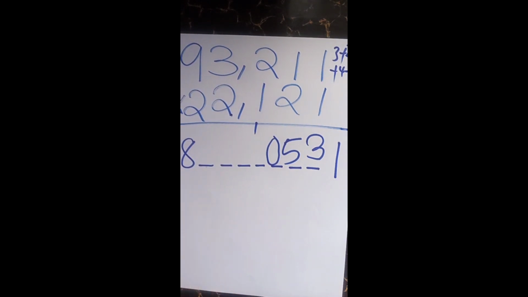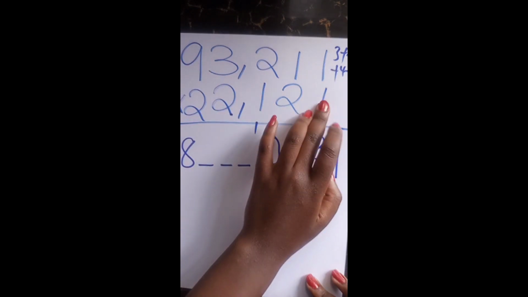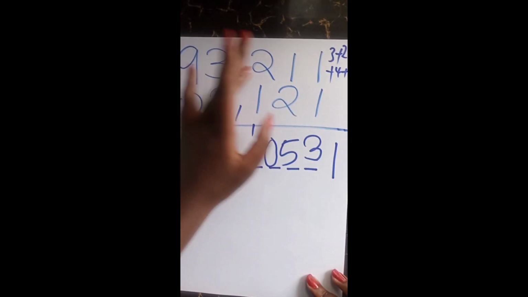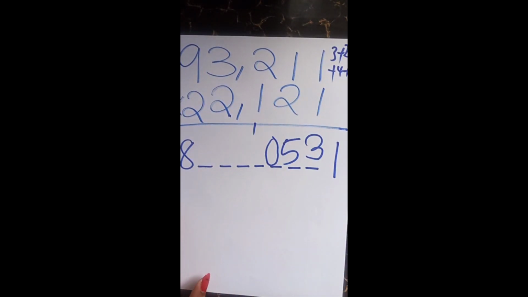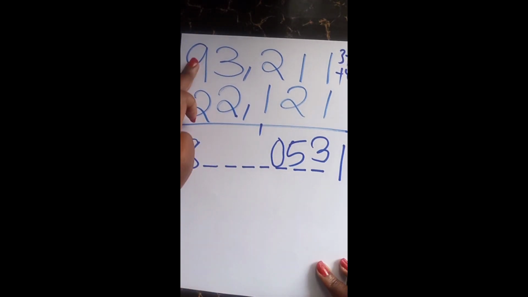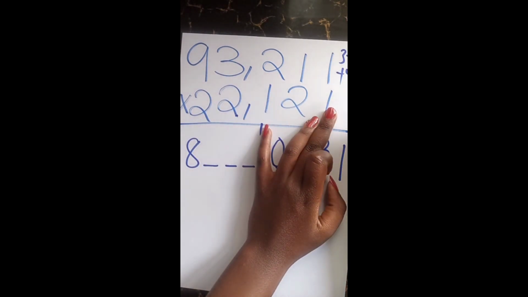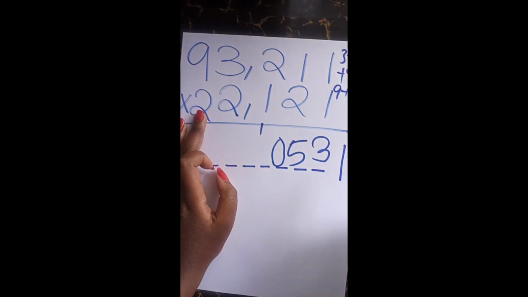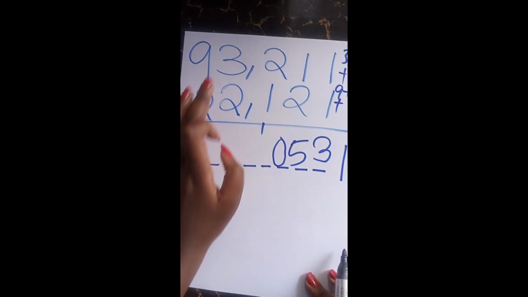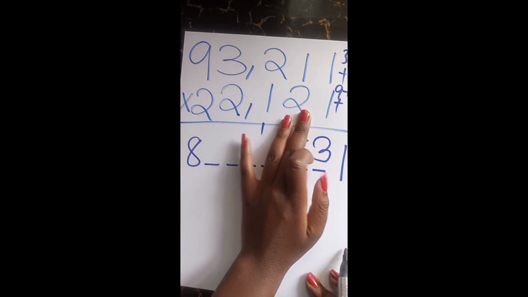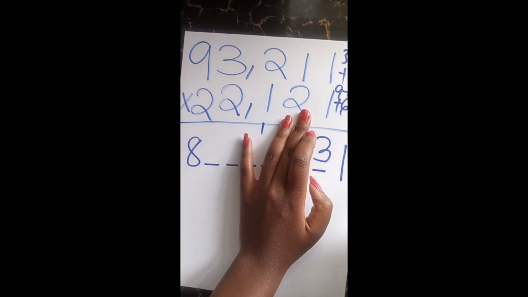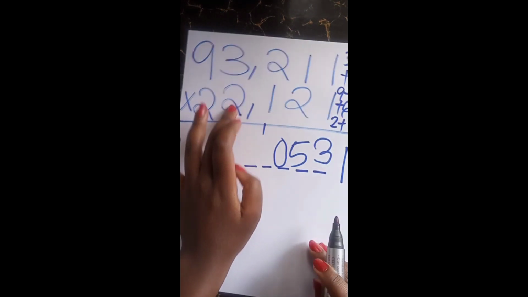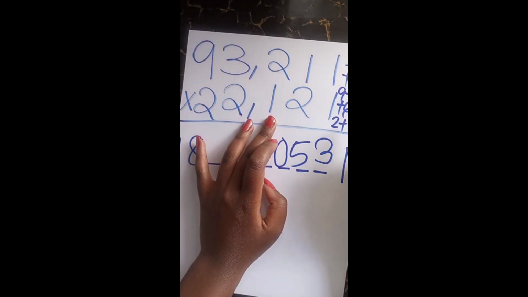The next step will be to multiply the 5 digits just as they are. So that means we'll multiply this digit with this digit, this with this, and the middle ones we'll deal with the way we dealt with 3-digit numbers. Okay, so 9 times 1 is 9. You can write that down. 1 times 2 is 2. 3 times 2 is 6, plus 1 times 2 is 2, and 2 times 1 is 2.